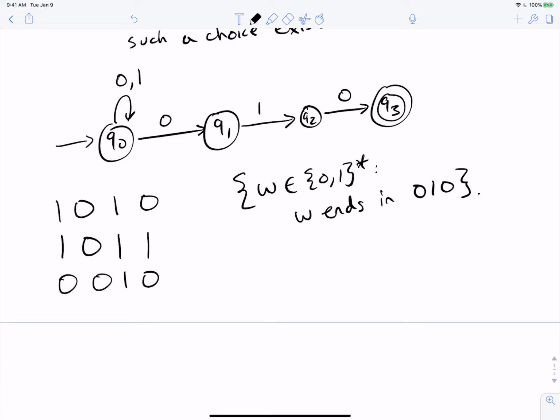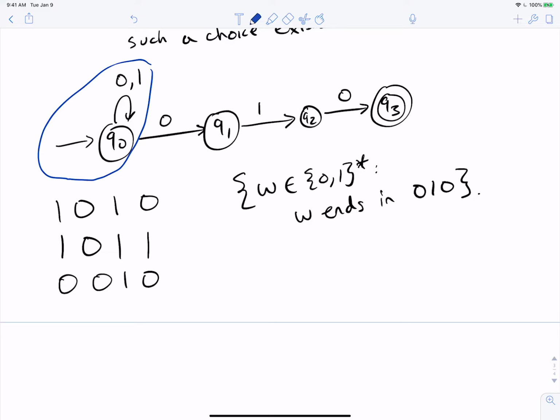Another way you can view this is, look at the start state over here. This says you just read off a bunch of stuff, and then finish off with 010. So you can think of this as just reading off the things that are not important, and then reading the things that are important.